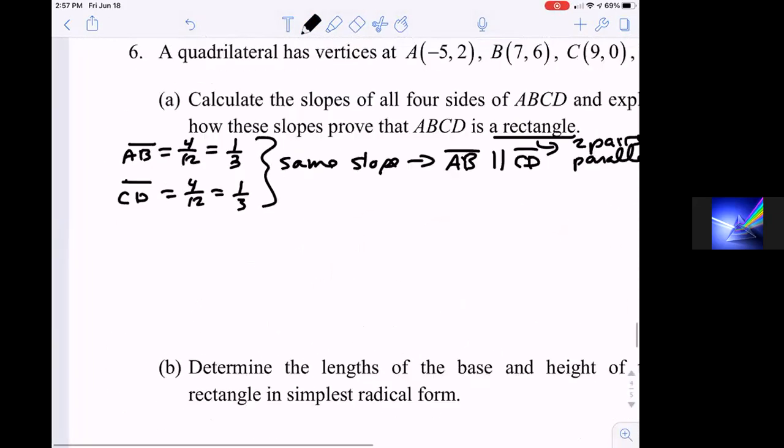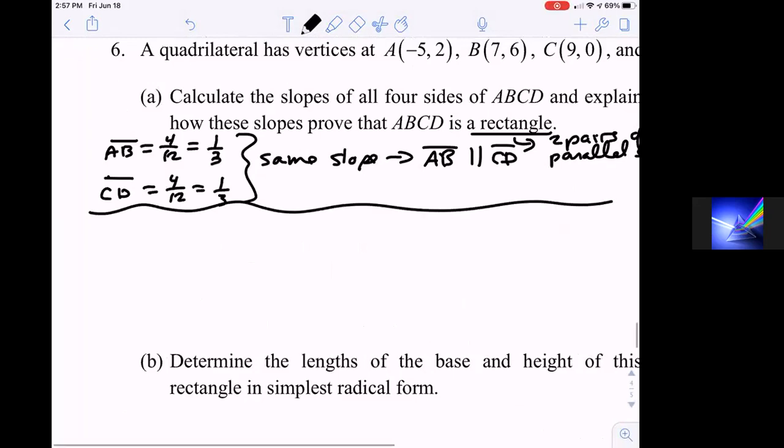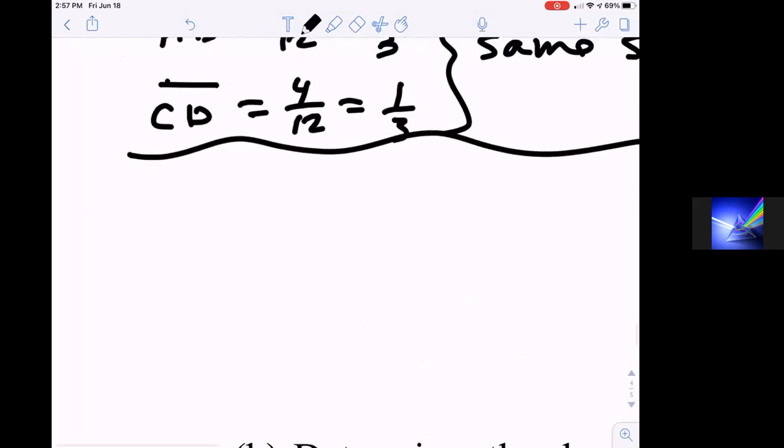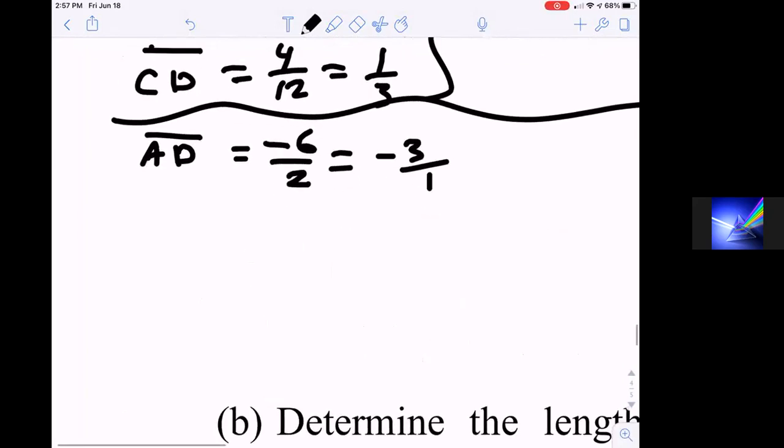So for AD, which is the left side of the rectangle, I have a downward slope of 6. So I go down 6 over 2. That's the slope of -3, but I'm going to write it as a ratio still of -3 over 1.